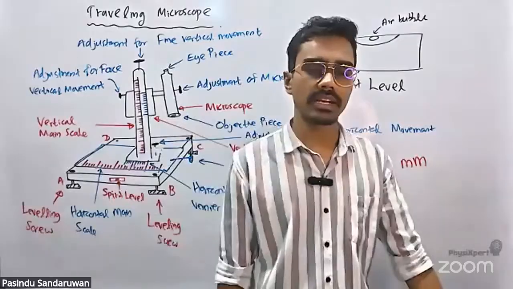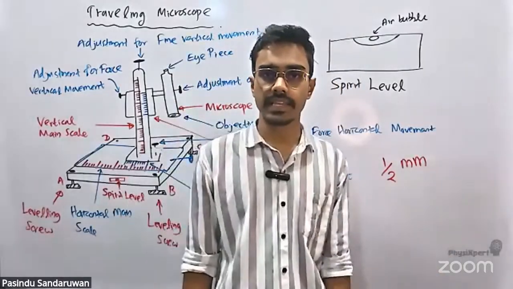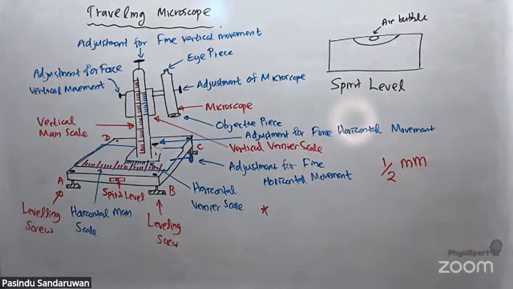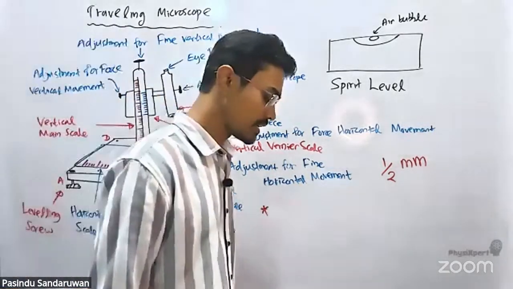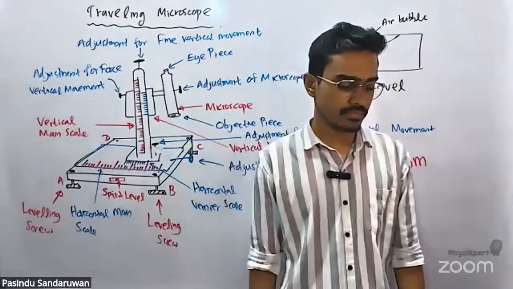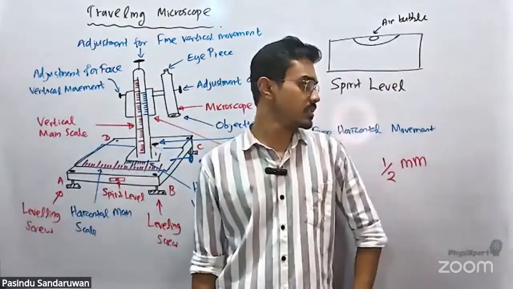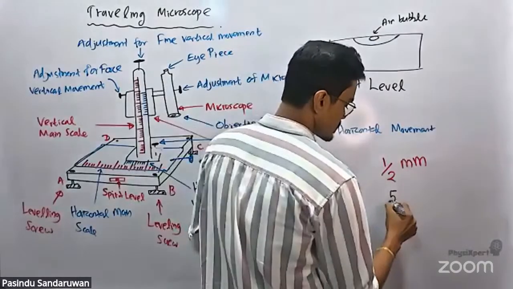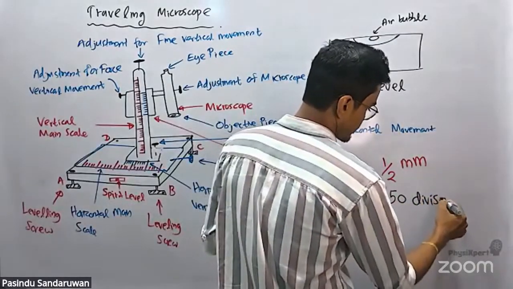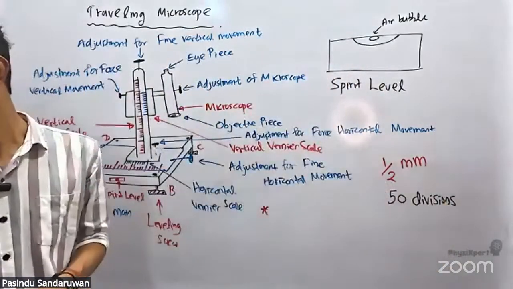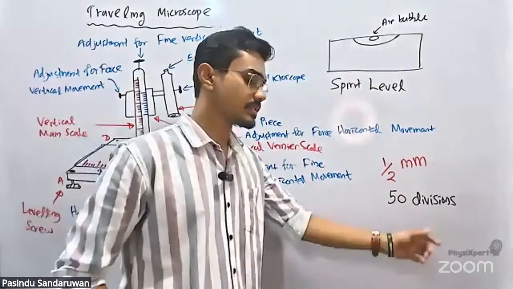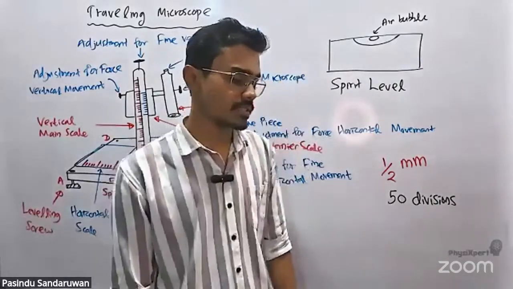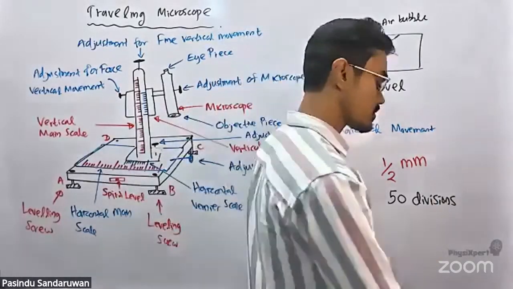And vernier scale consists of 50 divisions in a typical traveling microscope.